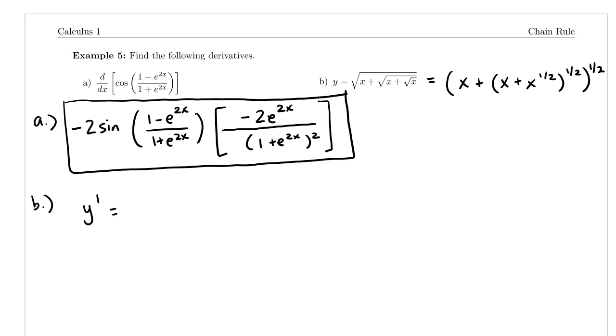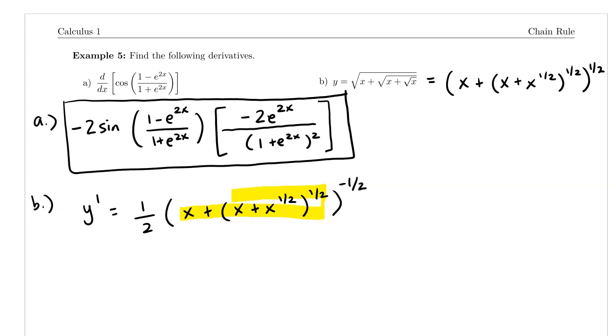So I have y prime is equal to, I'm going to take the derivative of the outermost square root, and everything on the inside stays the same. And since I'm using the power rule, I need to subtract 1 from my exponent. Now what I'd like to do is take the derivative of this inner function here. So let's go ahead and do that.